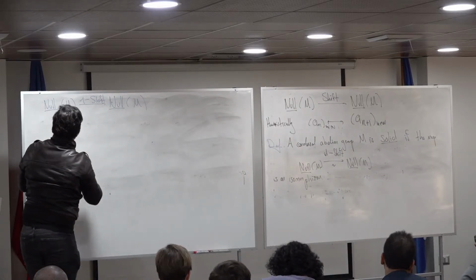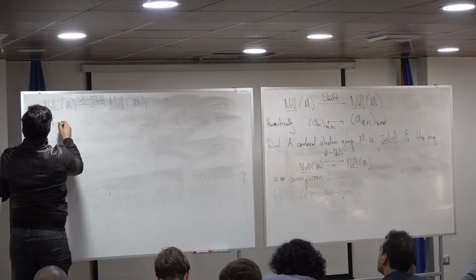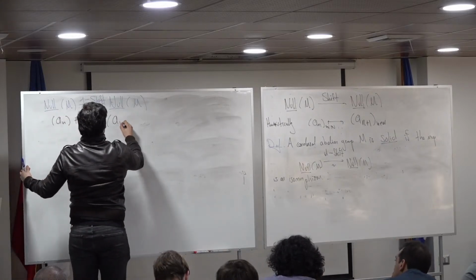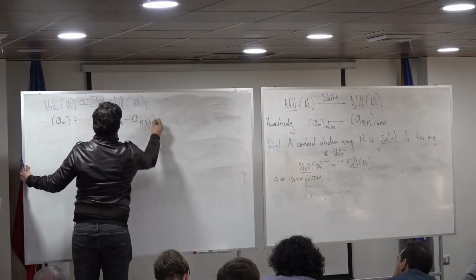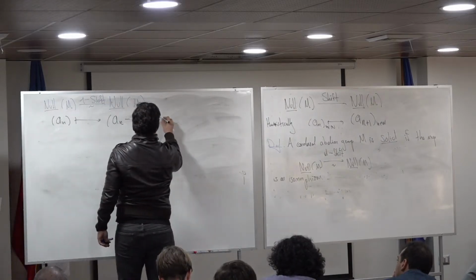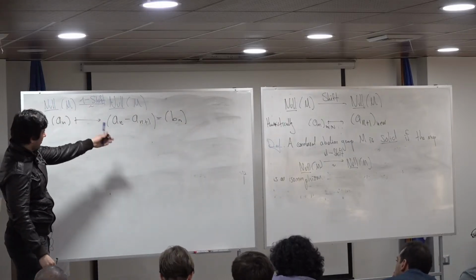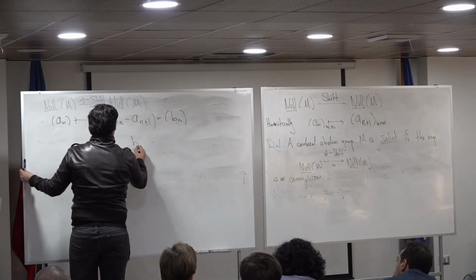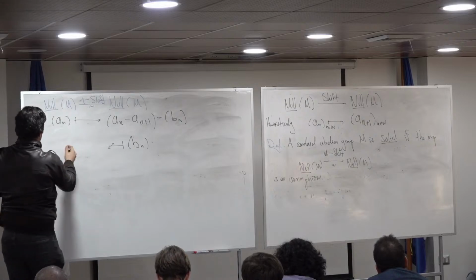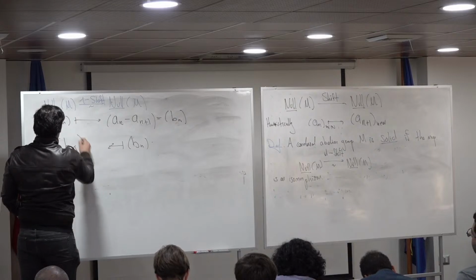If this map is an isomorphism, then what we're doing here is sending a sequence a_n, heuristically again, to the sequence given by a_n minus a_(n+1). Let me call this one b_n. And the way to recover the sequence a_n from the sequence b_n, in case it comes from something, is by taking a telescopic sum, which is just taking all these sums like this.